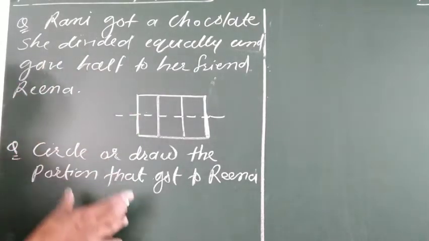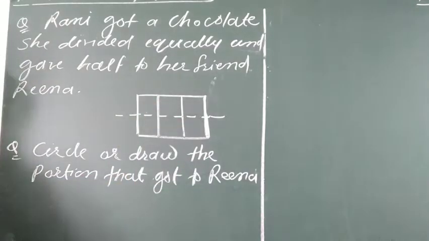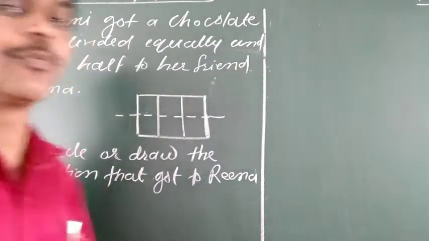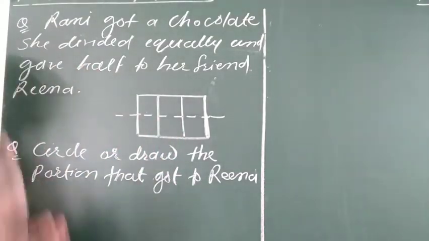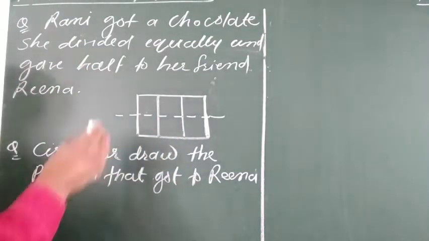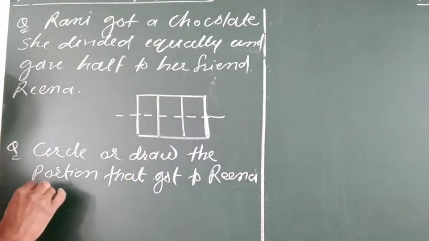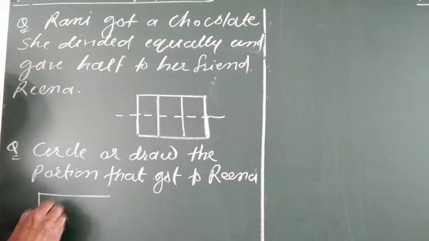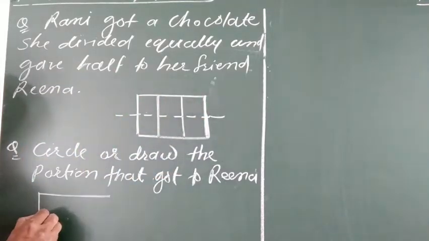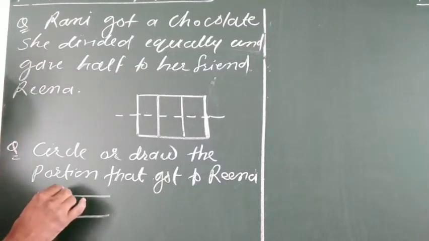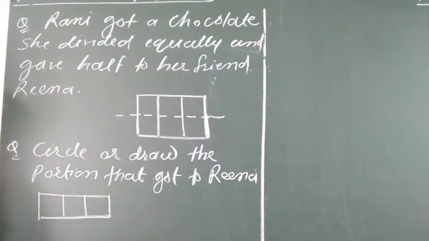But now we have to find out, circle or draw the portion that got to Reena. Reena को कितना पार्ट यहाँ पर मिला है, कौन सा पार्ट मिला है, वो हमें यहाँ पर सर्कल करके या सेपरेटली यहाँ पर ड्रॉ करके शो कर सकते हैं. So see, how many parts did she get here? She got half the portion of this one. There are a total of 1, 2, 3, 4, 5, 6 parts, 6 pieces. Out of 6 pieces, she will get half the pieces, meaning 3 pieces. So she will get half the portion like this.